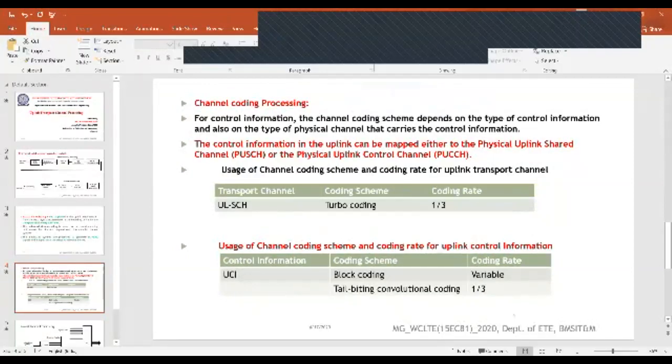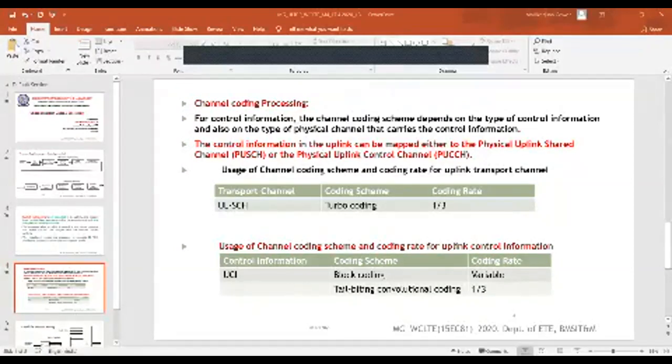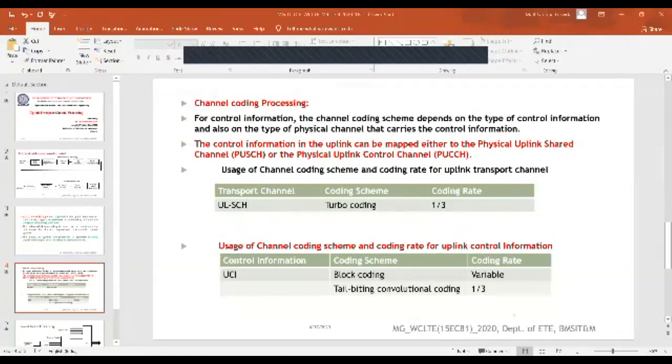For the uplink shared channel, the coding scheme used was turbo coding with a coding rate of 1/3. For control information, that is UCI, uplink control information, two types of coding schemes are used. One is block coding, and its coding rate is variable. Another one is tail biting convolutional coding, and its coding rate is 1/3.